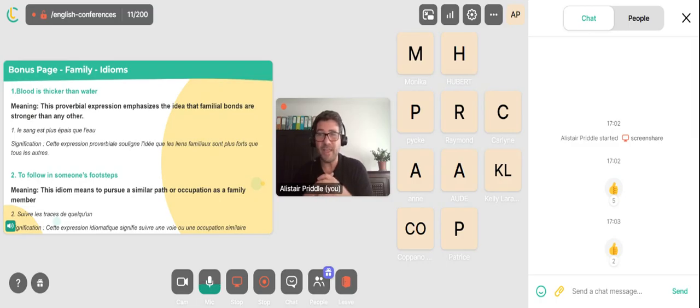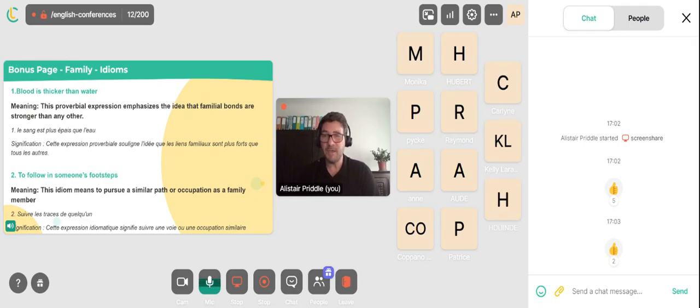Blood is thicker than water. Okay, meaning this proverbial expression emphasizes the idea that familial or family bonds are stronger than any other. Once again, blood is thicker than water. Okay, number 2, to follow in someone's footsteps.